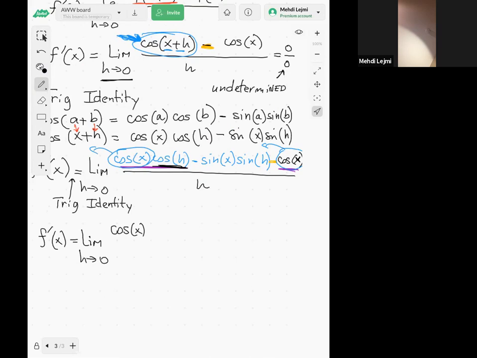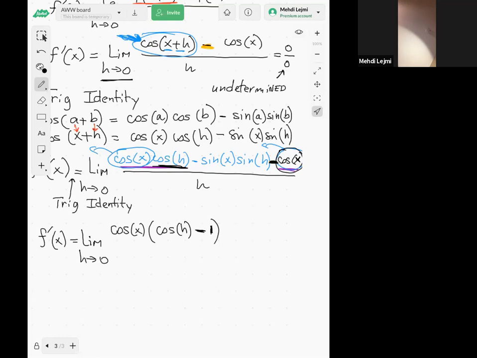So cosine of x times cosine of h, and then minus, if you pull out cosine of x, you are left with 1 there. It's minus 1. So that's my partial factoring.